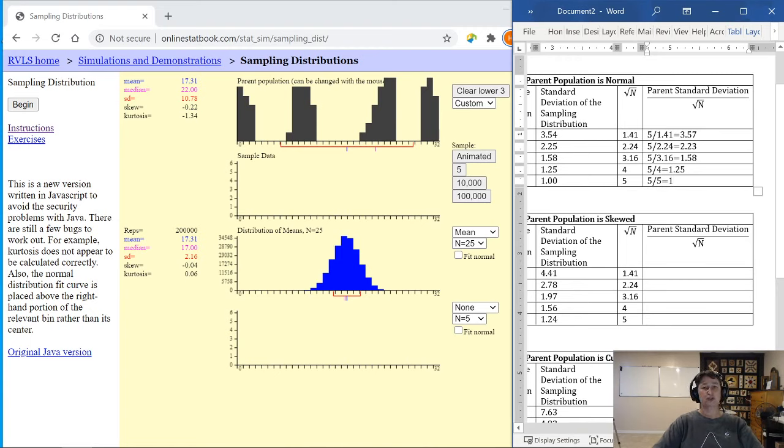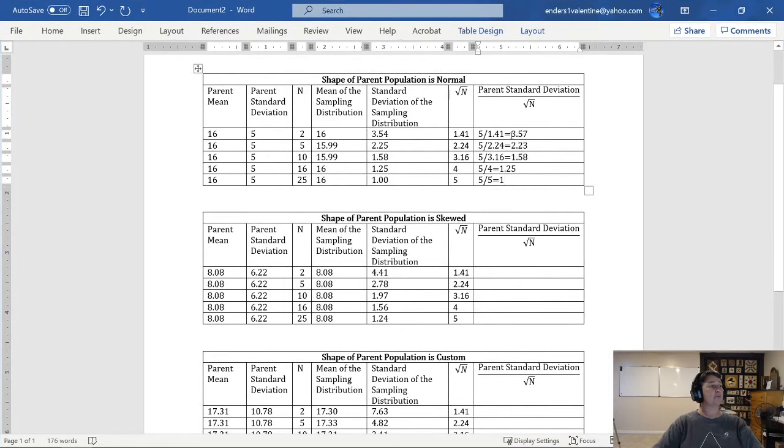Now, I want you to notice when I did that. When I took the parent standard deviation and divided it by the square root of my sample size, notice this 3.57, this 2.23, this 1.58, 1.25, and this 1 show up really close in this other column.